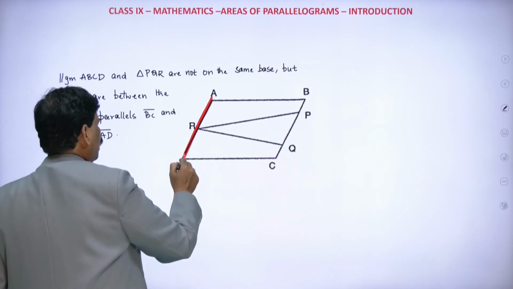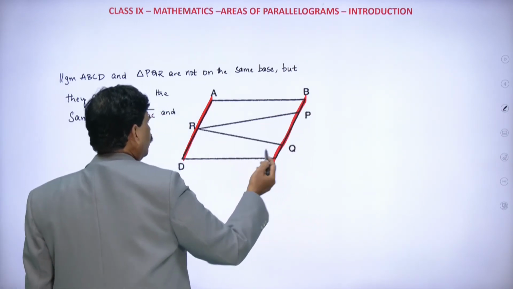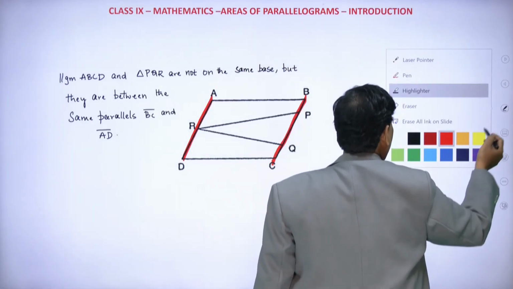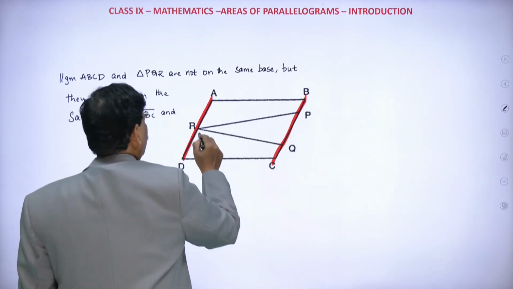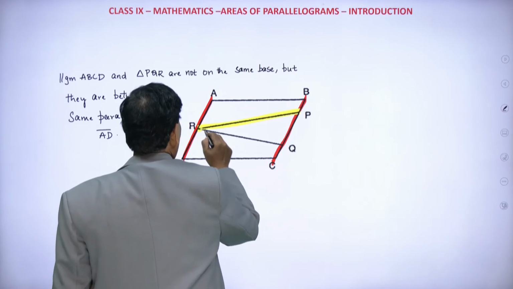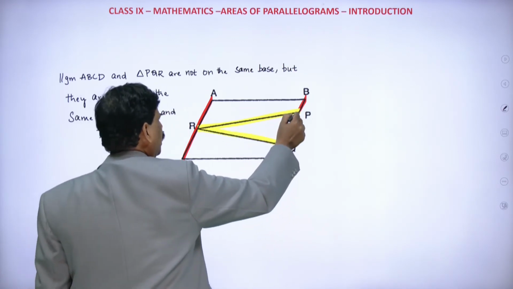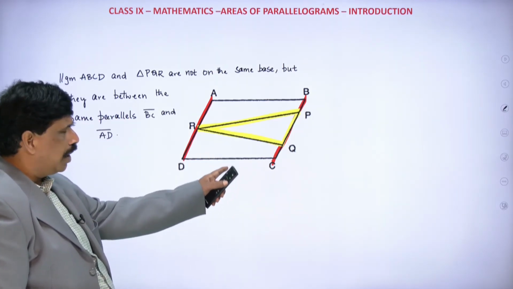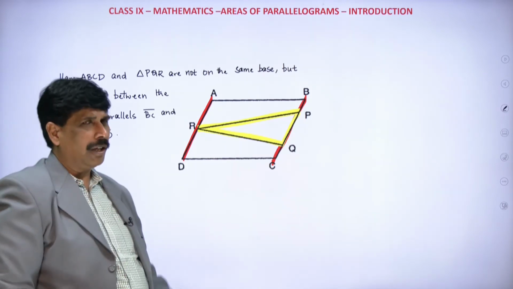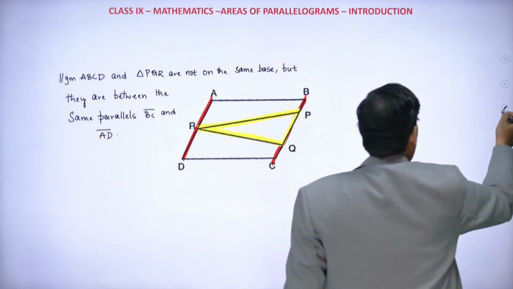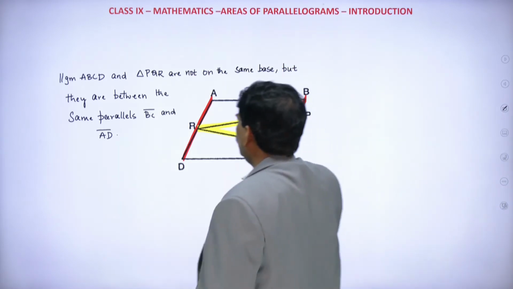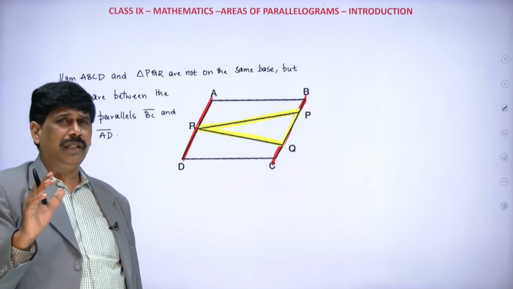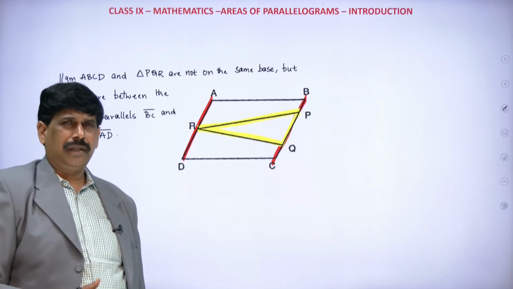So these two are the parallel lines, but they are not on the same base. Here the base of the triangle is not coinciding with one of the sides of the parallelogram. Clear? So we will say now, parallelogram and triangle, of course they are between the same parallels but not on the same base. Let us see the next one now.